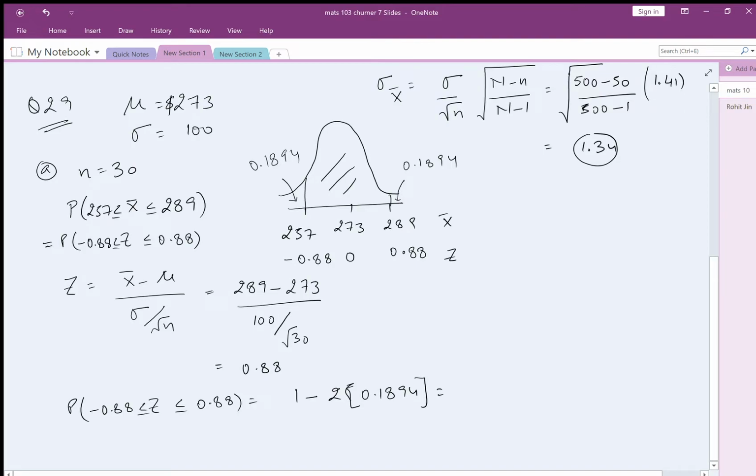So this is equal to 1 minus 0.1894 times 2, 1 minus 0.3788, and that's going to be equal to 0.6212. So that is the answer for part A.